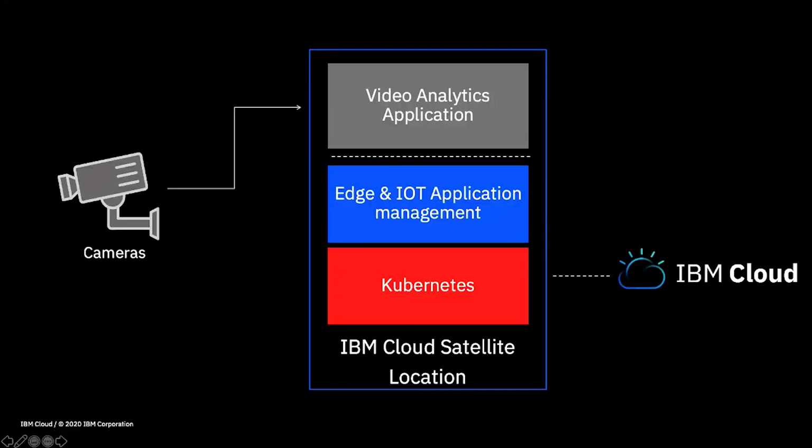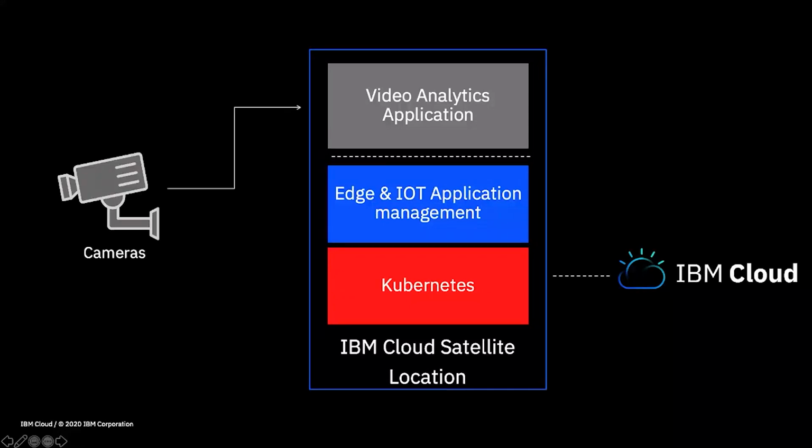And we would deploy Kubernetes, and in this case, OpenShift is our flavor of Kubernetes, and we run that as a service at the office building edge in the satellite location. And then from there, we could add on software like the Edge and IoT application manager, which would manage all of the devices in the building. And then we could also add the video analytics application that takes all of the video feeds and analyzes them and can tell if you're wearing a hard hat or not.